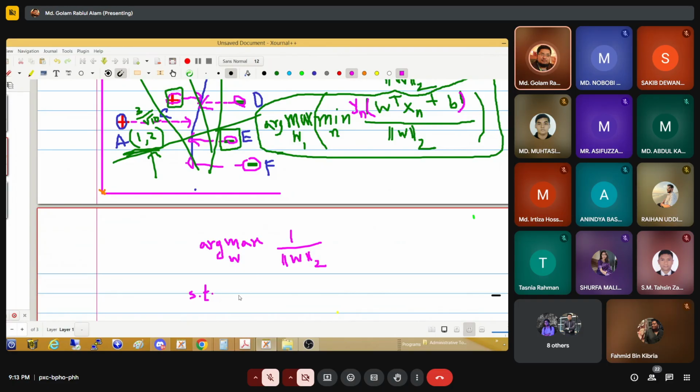the constraints, you can write it: yn W transpose xn plus b greater than or equal to 1.